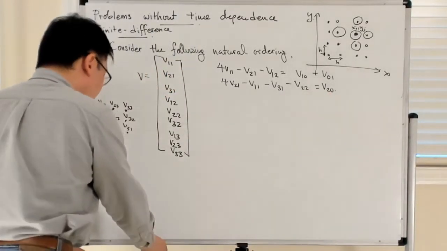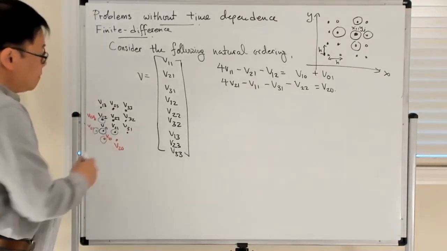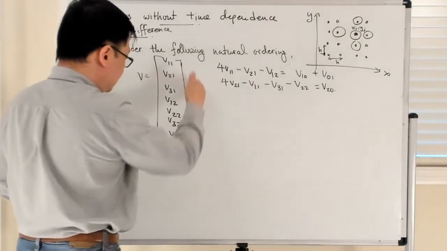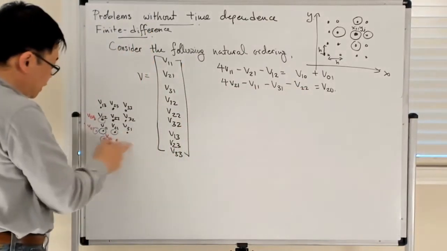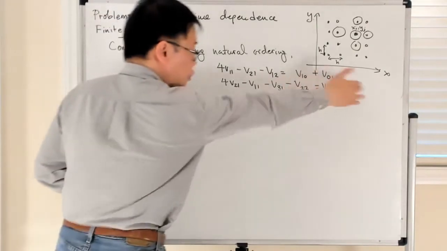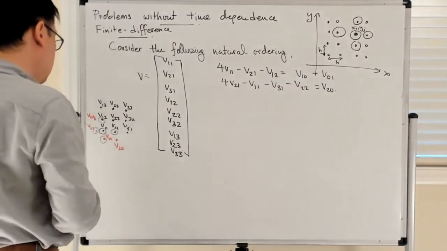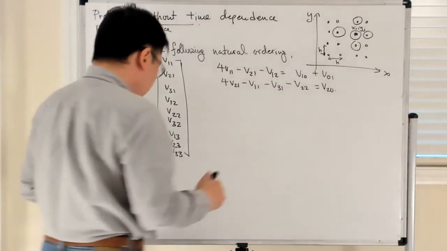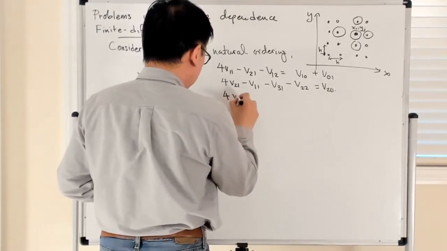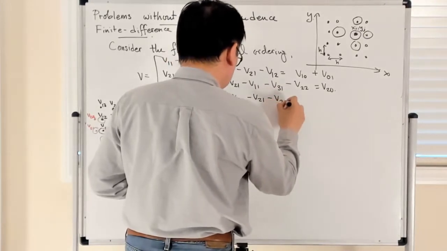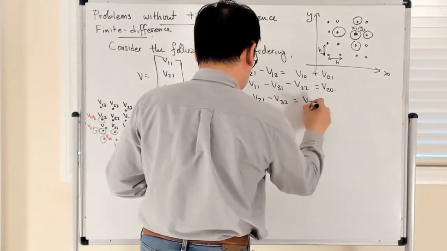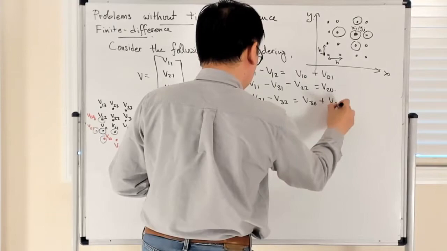Okay, so hopefully that gives you an idea of what is going on. The things which are part of this vector of unknowns, I keep on the left. The things which are prescribed by the boundary data, I push to the right. All right, so I can keep going. So this is 4v31 minus v21 minus v32 is equal to v30 plus v41.